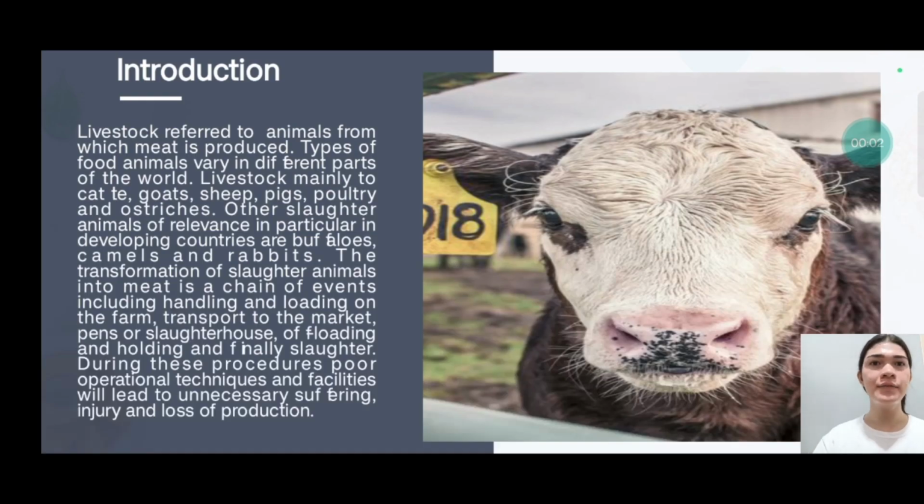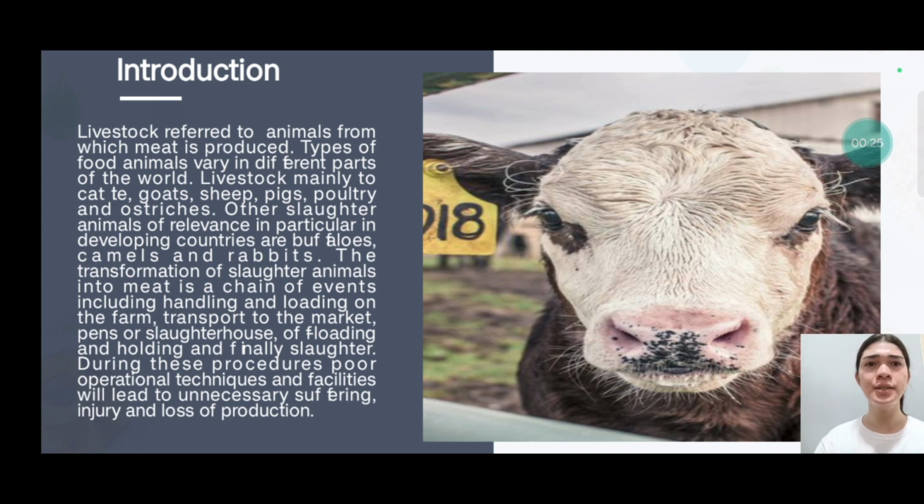Introduction. Livestock refers to animals from which meat is produced. Types of food animals vary in different parts of the world. Livestock mainly refers to cattle, goat, sheep, poultry, and ostrich. Other slaughter animals of relevance, in particular in developing countries, are buffalo, camels, and rabbits.